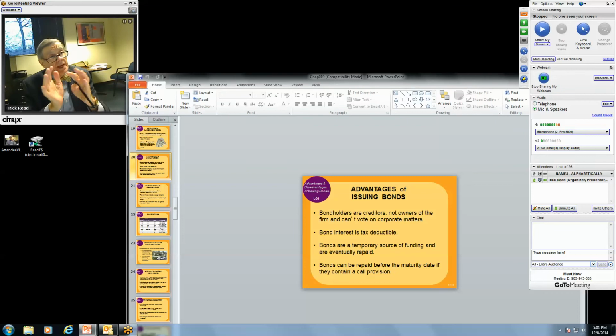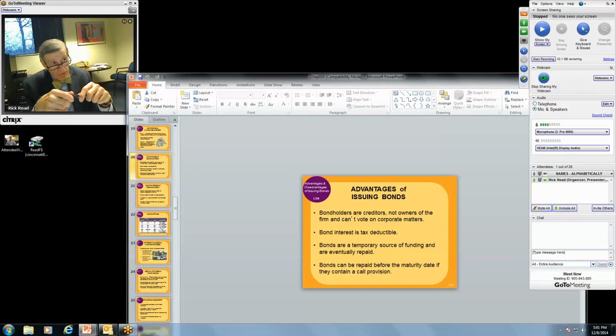Now, bonds have a great number of advantages. Bondholders are owners of debt, creditors, but they don't hold voting rights, and they have no say in management. The interest that you pay is tax deductible, different from the dividend that you pay on stock.